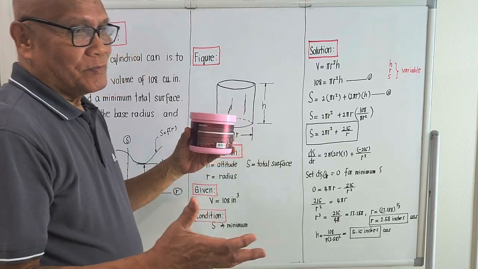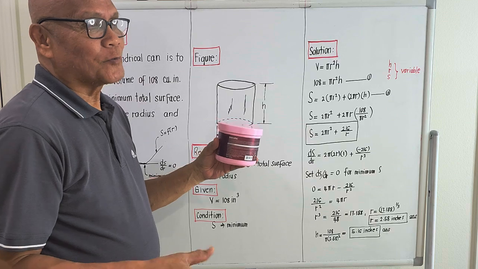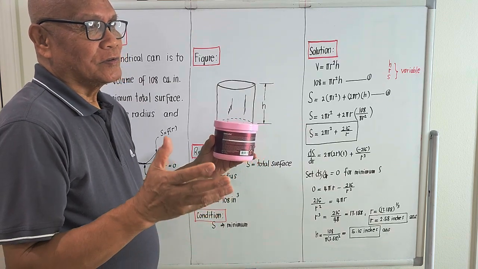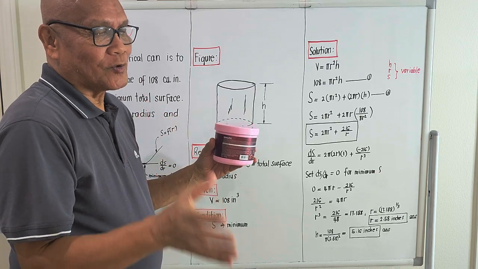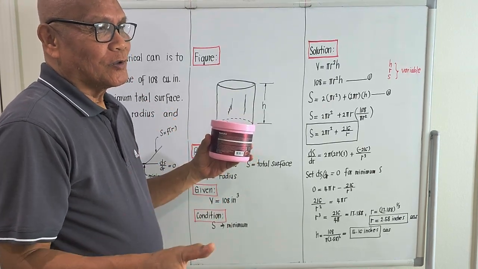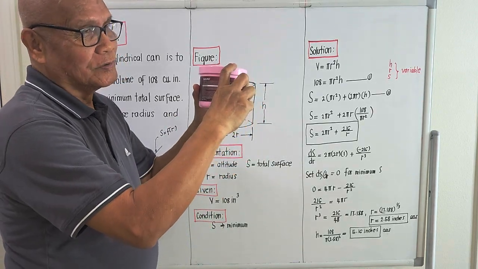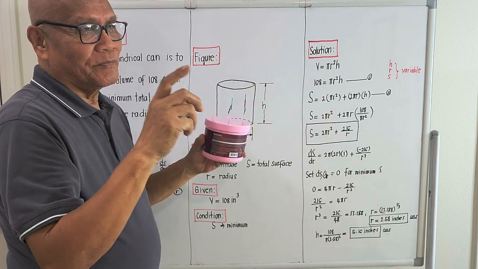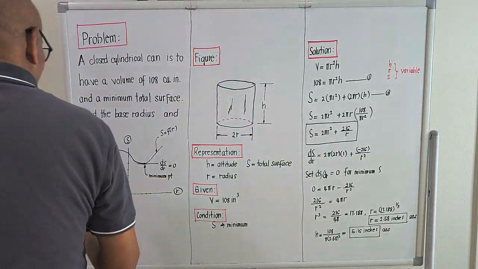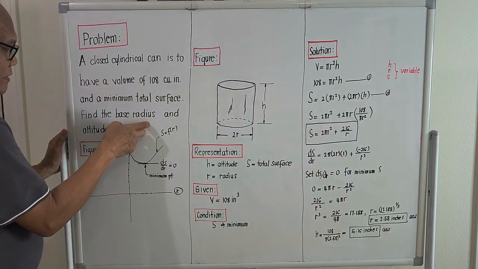In the manufacturing process, if we could minimize our material, we will maximize our profit. So this is where differential calculus becomes important. Without knowing differential calculus, we could not compute the required radius and altitude to give us the minimum total surface. The problem is asking to find the base radius and the altitude.